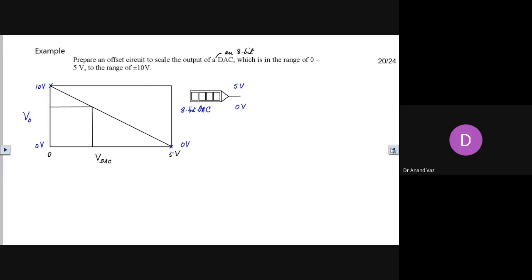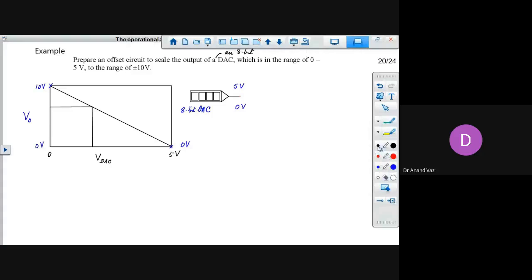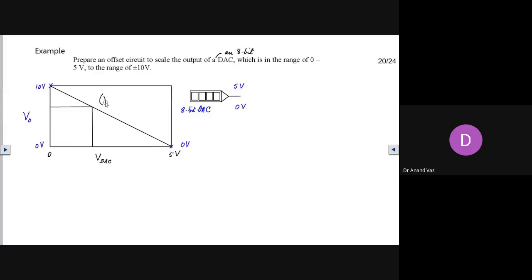Okay. So the coordinate here will be V DAC, and the coordinate here will be V output.